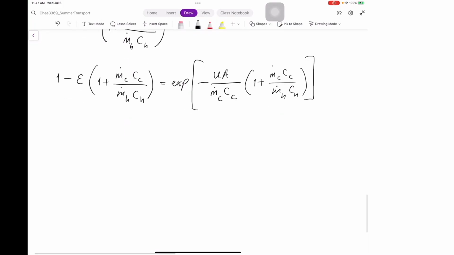Right, and from here you can find the epsilon in terms of no temperature dependence, right?